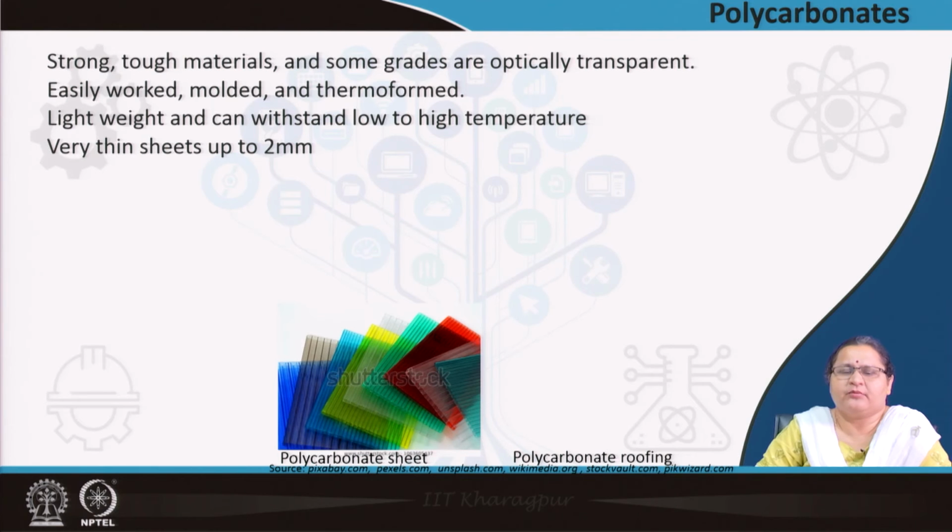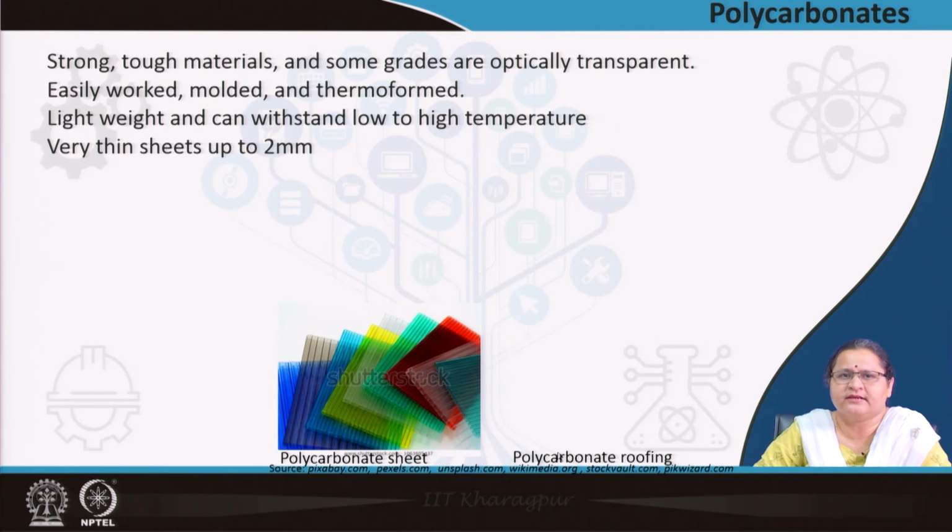Coming to the polycarbonates, you see a number of sheets here in different colors, but these are all capable of withstanding the ultraviolet rays of the sun. They are tough materials, optically transparent.